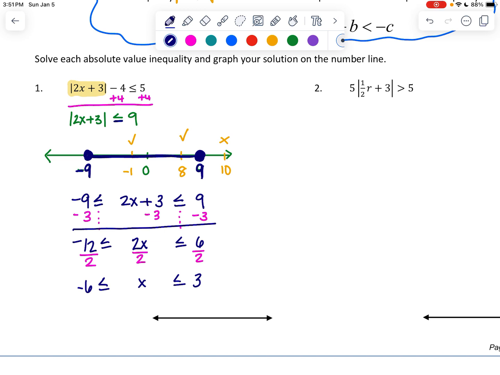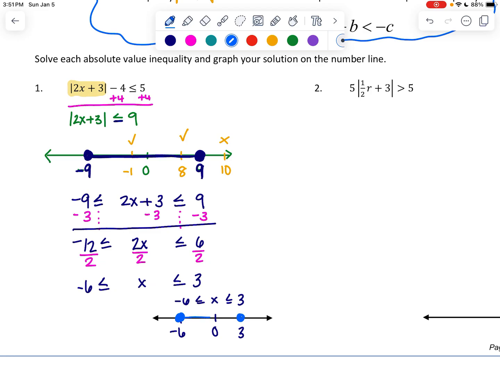That looks exactly like my number line if I were to put these on my number line. Negative 6 would go here, positive 3 would go here. So you should be able to go negative 6 is less than or equal to x is less than or equal to 3. To put your solution on your number line, it's the same way we did it with solving a compound inequality. I have a solid dot at both negative 6 and also positive 3.